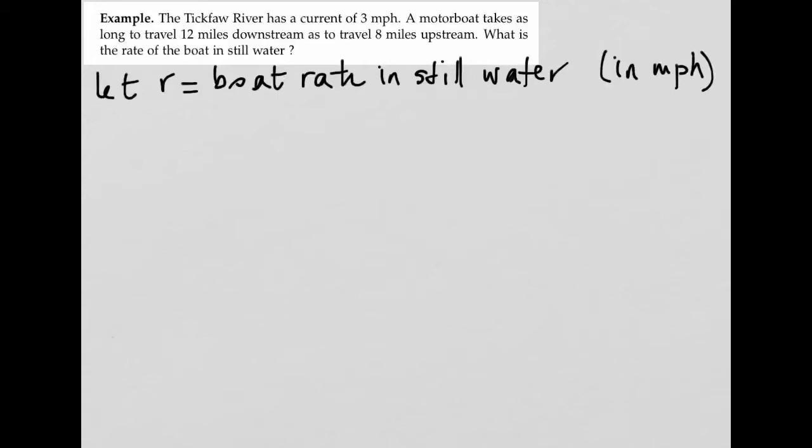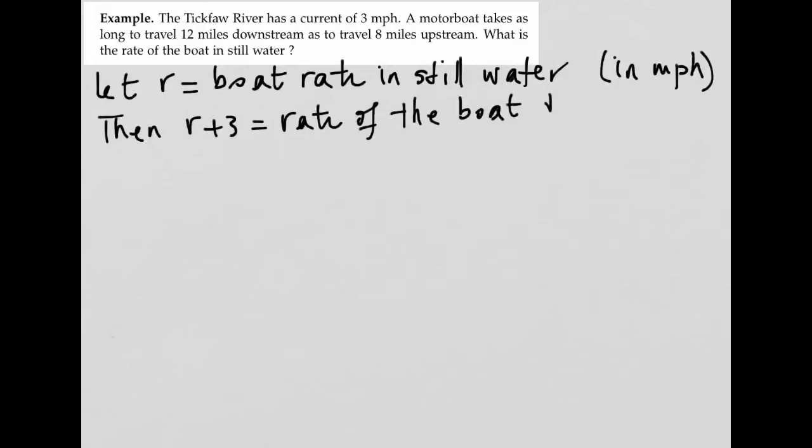Now going downstream, we're going with the river, so the rate of the boat becomes R plus 3. That's going to be the rate of the boat downstream.